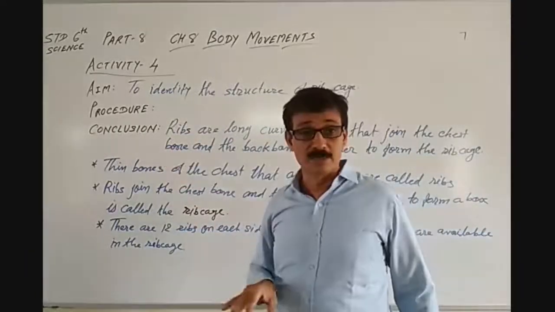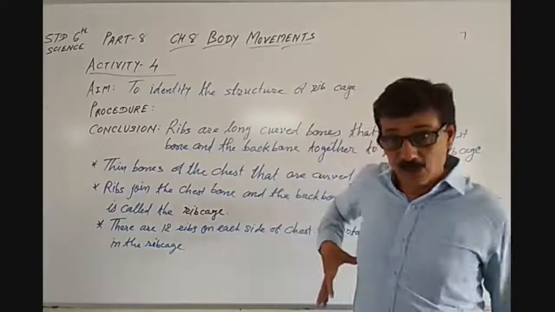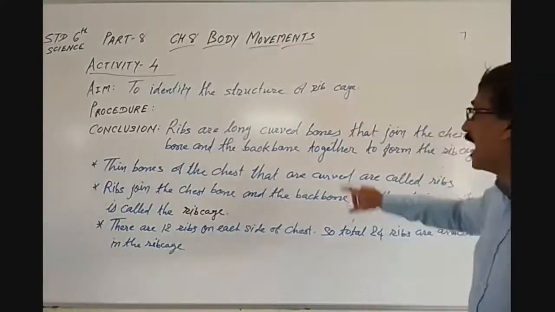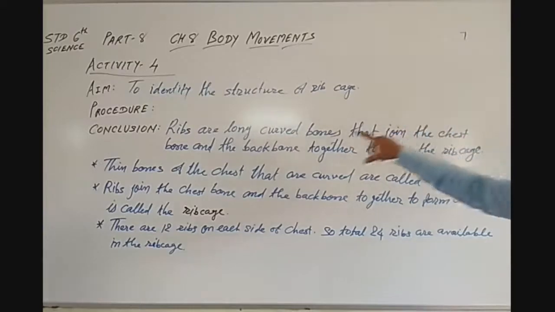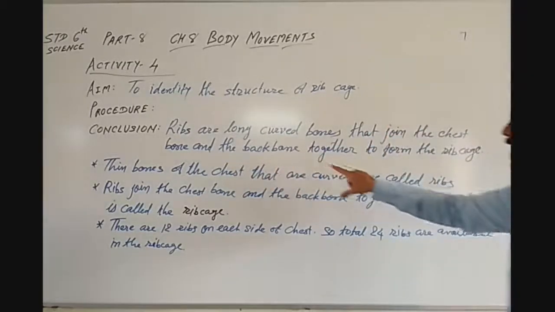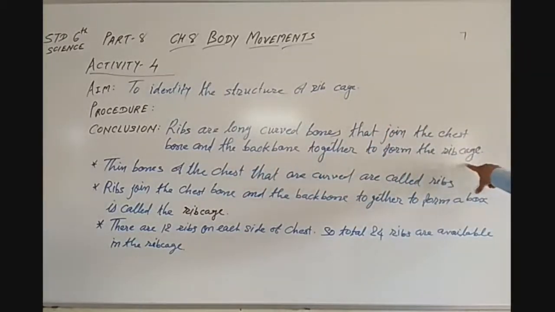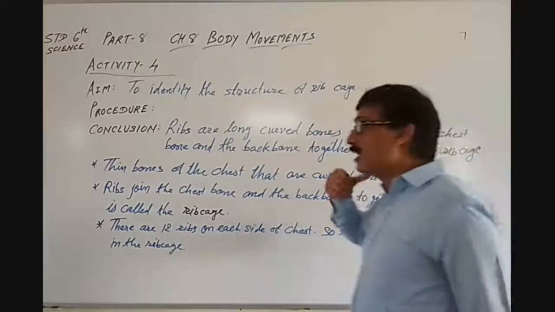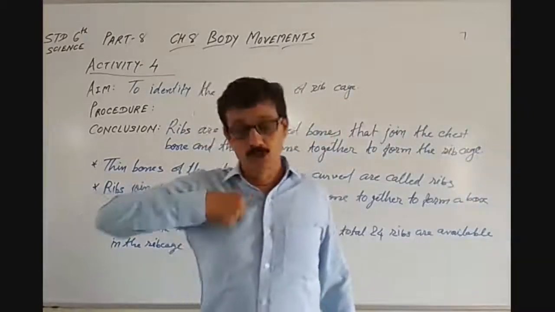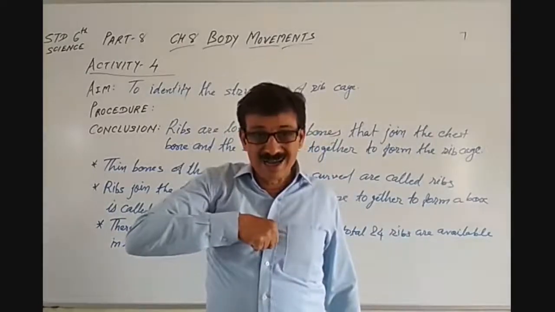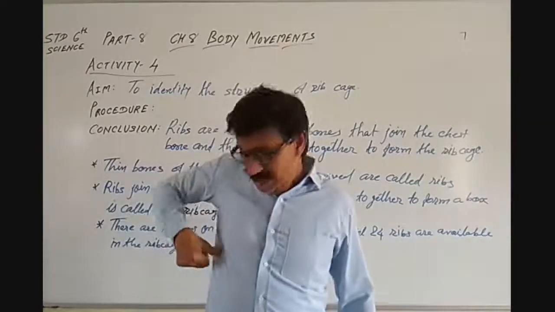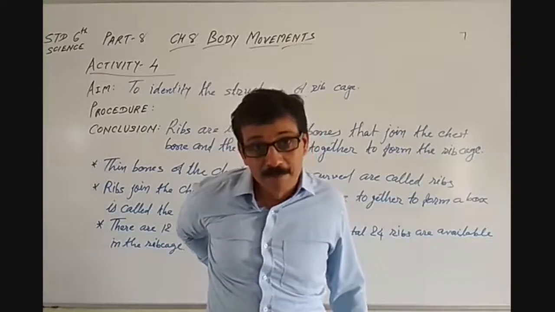Then the conclusion: these are the ribs. Ribs are long curved bones that join the chest bone and the backbone together to form the rib cage. Now see, you can see some bones over here. It is going somewhere over here, connecting this bone, as well as going at the back.